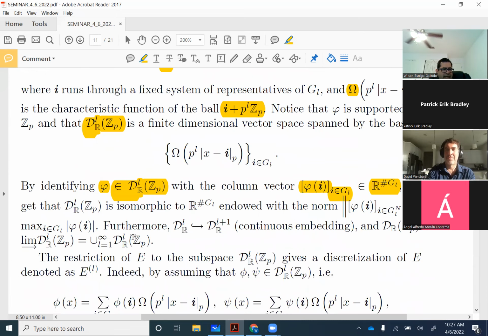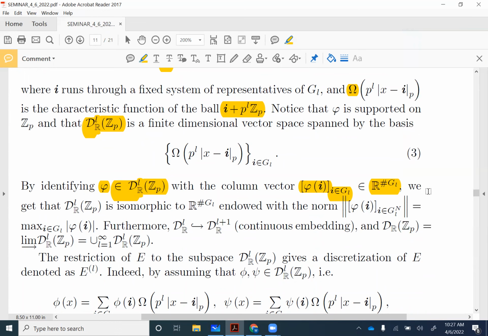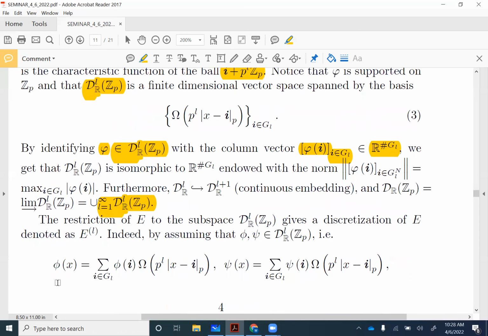Here we have some mathematical observations. For instance, the space of test functions supported in the unit ball is the direct limit of this space. Now, E is a functional defined on this space.